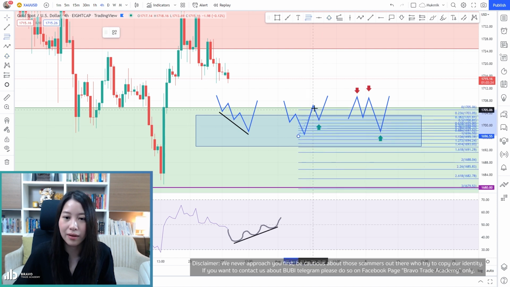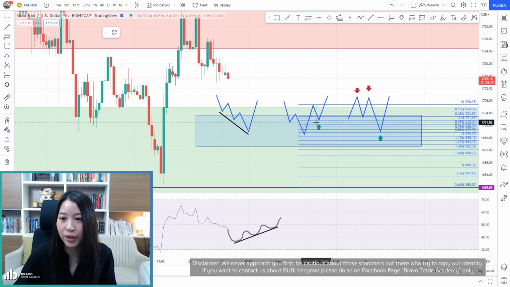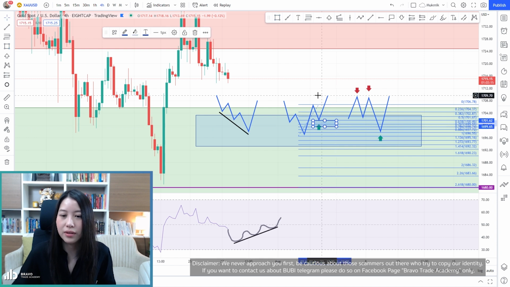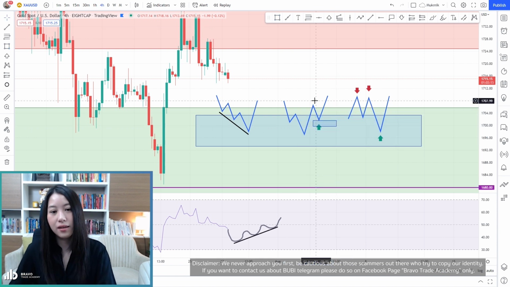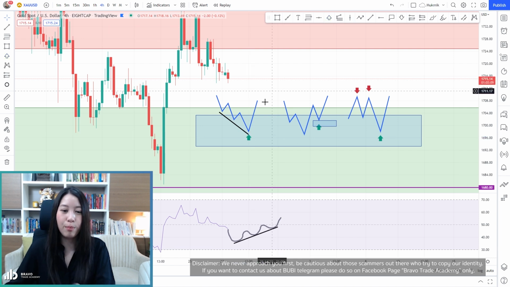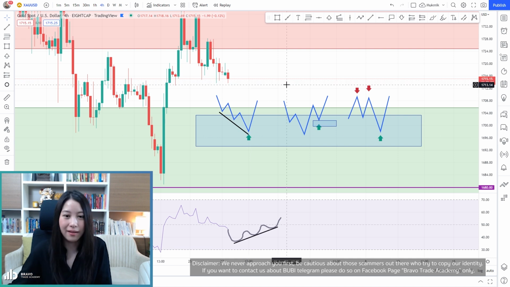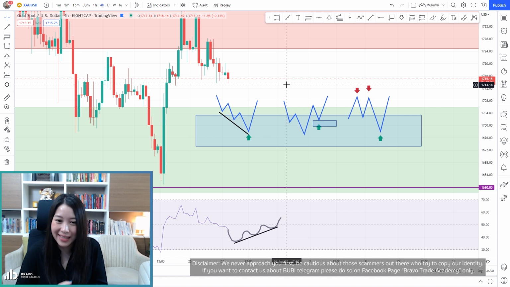So we use our Fibonacci retracement, and the entry point would be at 61.8 to 78.6. For the classic divergence, you will have this beautiful price down here. So that's the confirming patterns that you can look forward to at this QM buy zone.